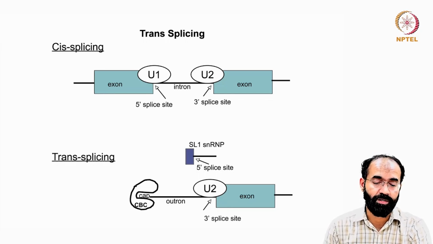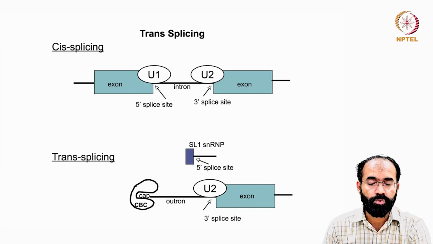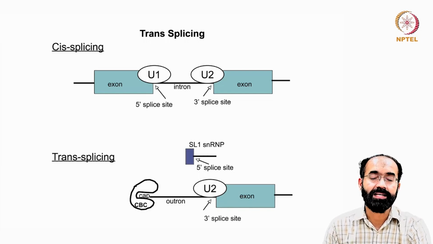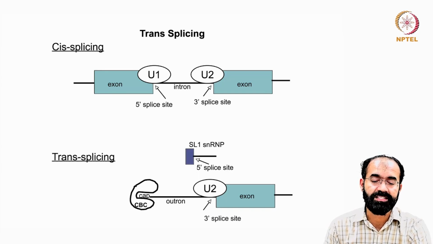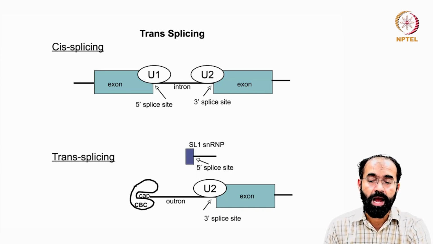Whereas in trans splicing, it does not have the proper machinery required. It has an exon, and U2 can bind to the branch site, but somehow it lacks support. There is the RNA cap, but there is no exon upstream of it, and because of that we don't call this region an intron, rather we call it an outron.